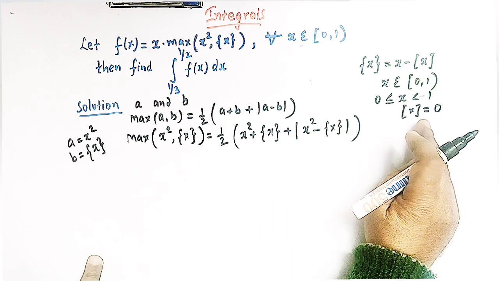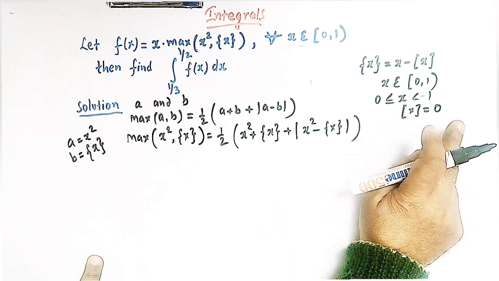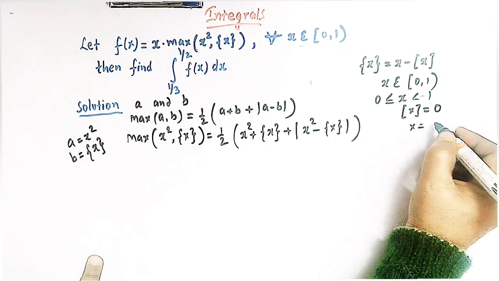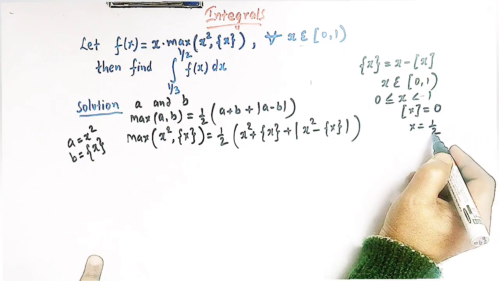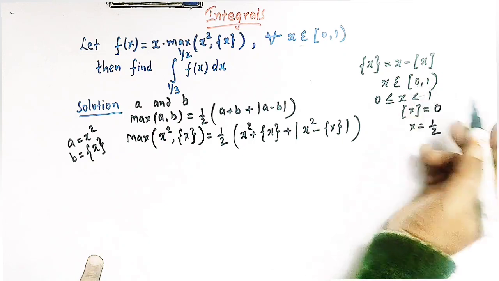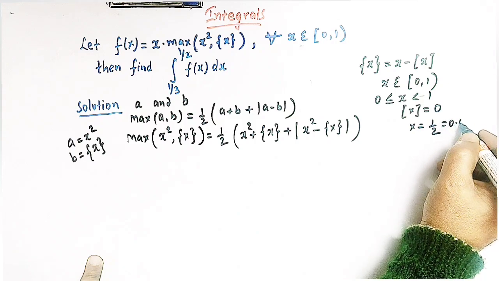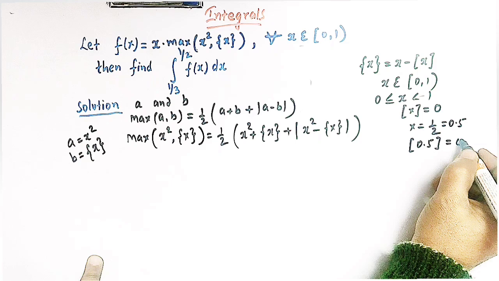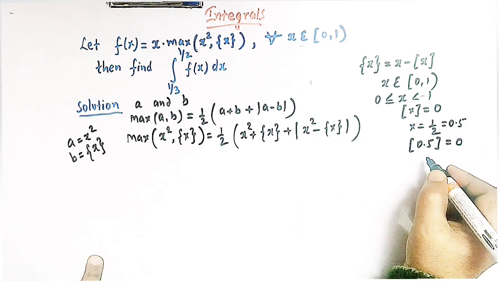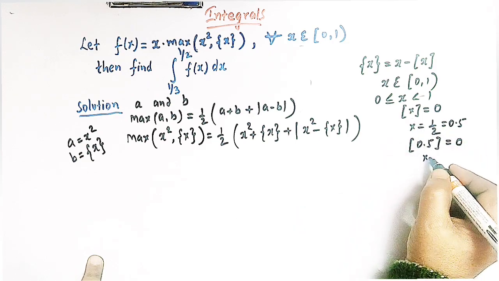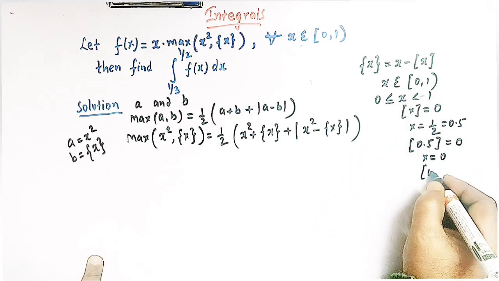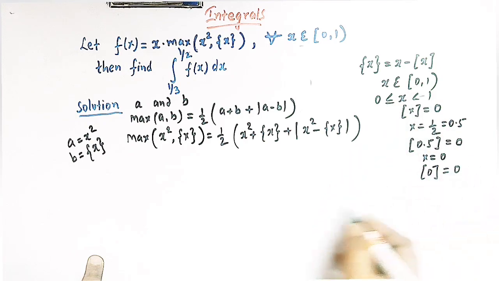This is due to the definition of greatest integer function. See, if we take x is equal to, say, half, and half belongs to this interval, so half is 0.5. So the greatest integer of 0.5 is equal to 0, and similar is the case with x is equal to 0, because here 0 is included, so greatest integer of 0 is equal to 0.